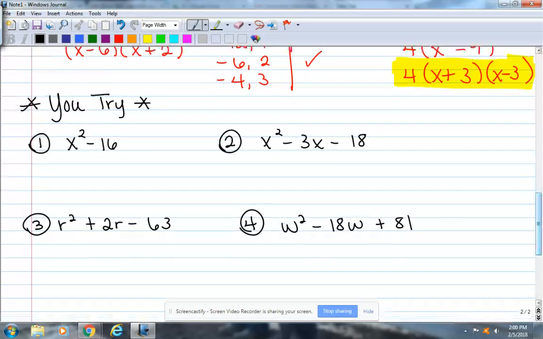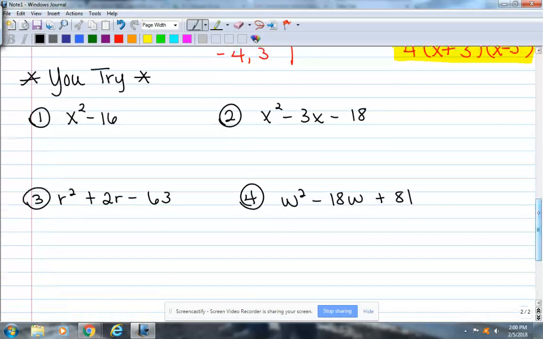Practice it means your pencil touches your paper. And skip it. There's 30 other problems.